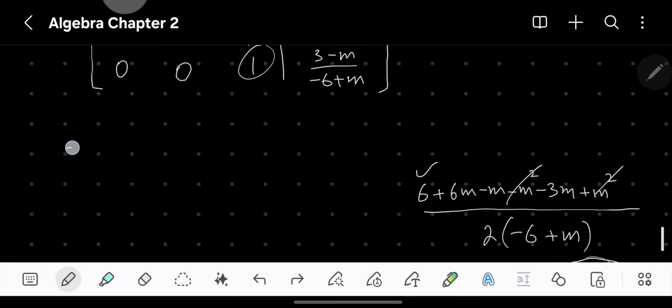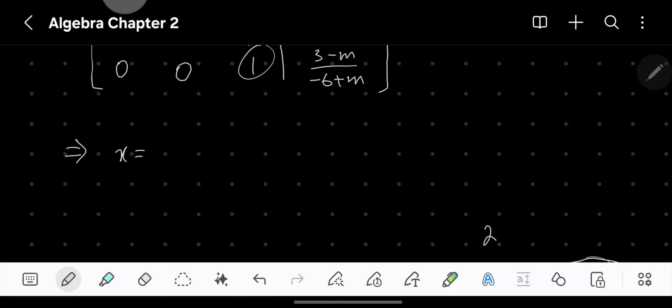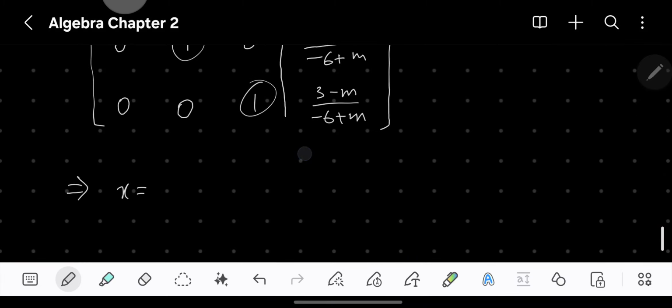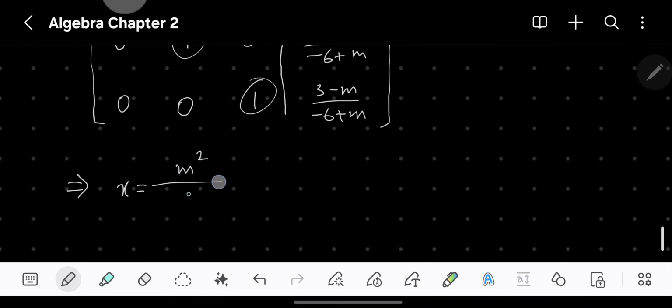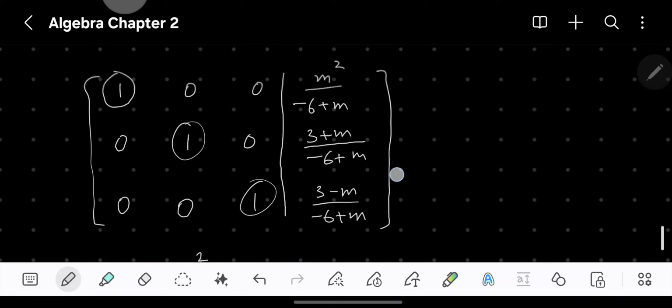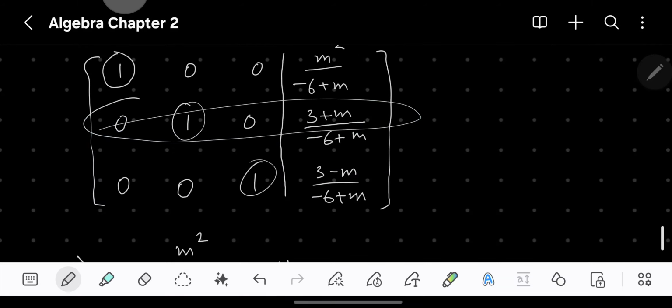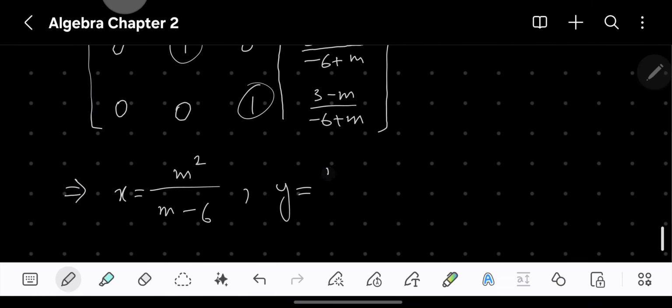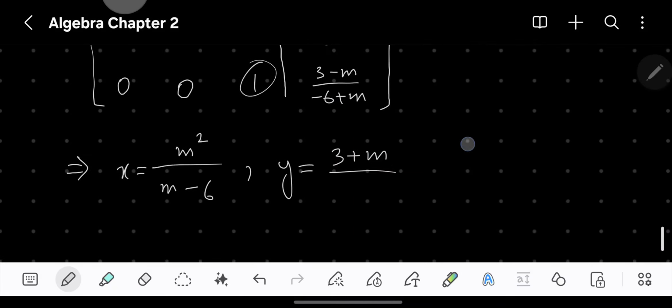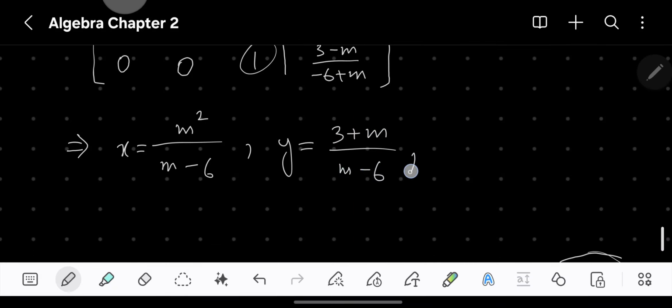Here you can check x is equal to m square over m minus 6, because I can write this as m minus 6. And y is equal to 3 plus m over m minus 6.